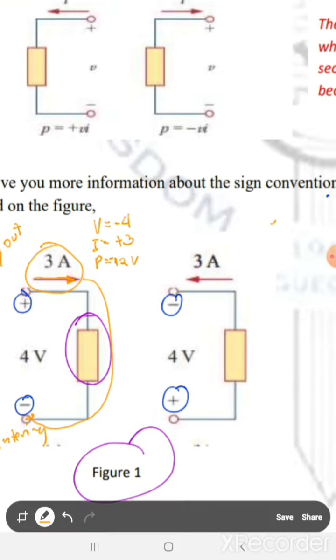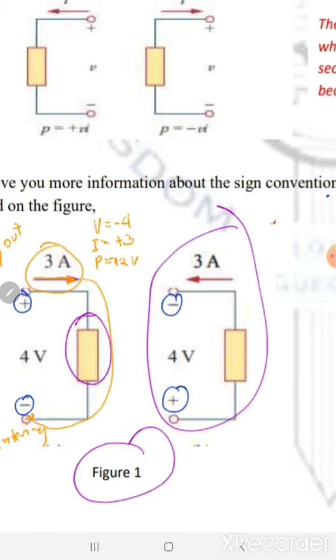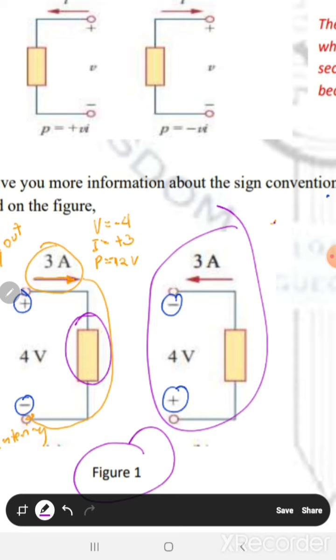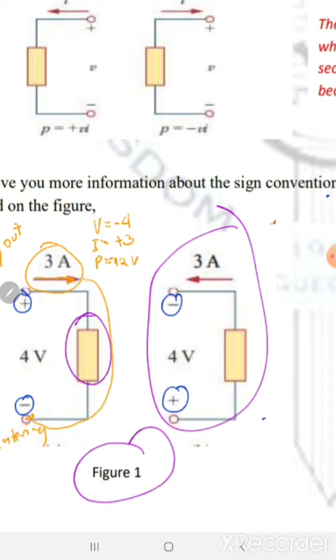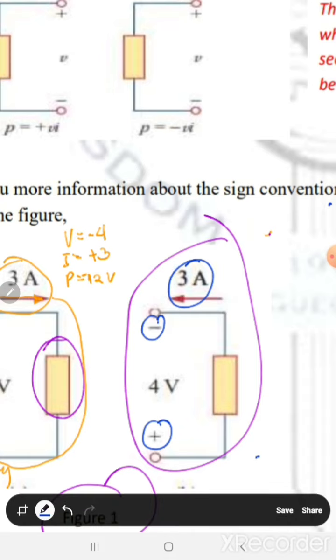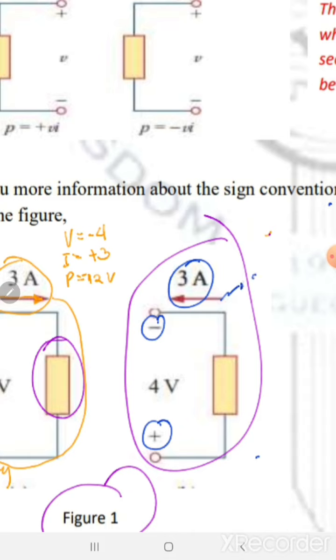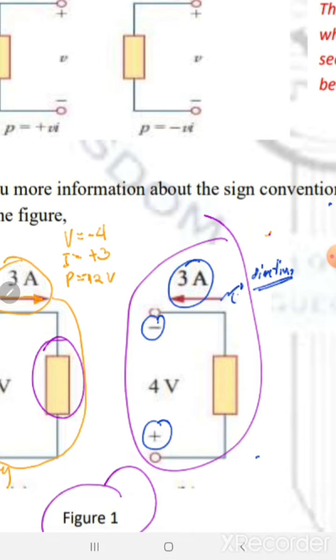Next is your convention to this figure. So, why is it that they are similar? Take note that as I have said in our first scenario in figure 1, you have our 3 ampere. Your 3 ampere will be your direction of your current, going to your left. So if your current is your direction, this will be positive again.